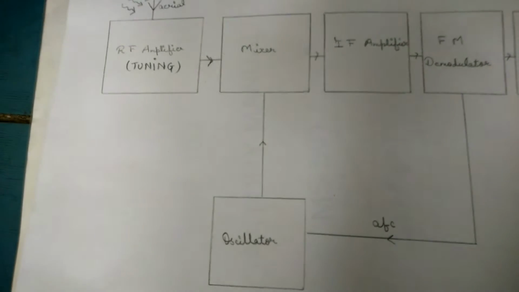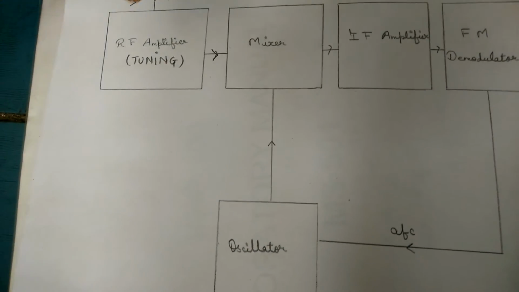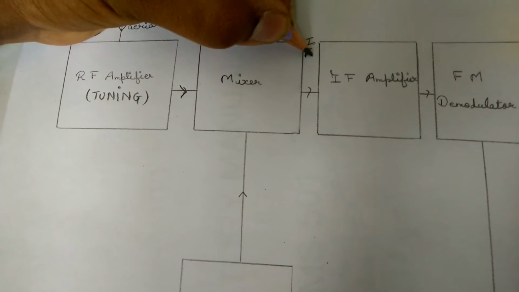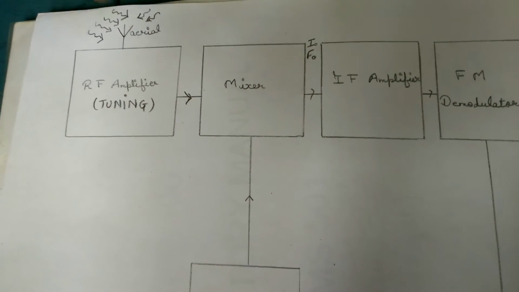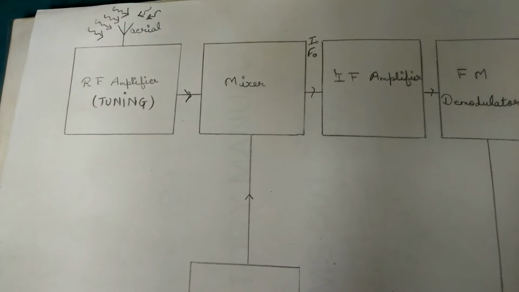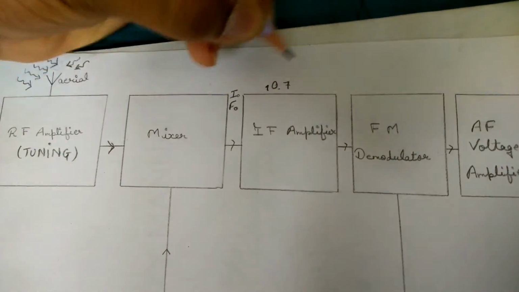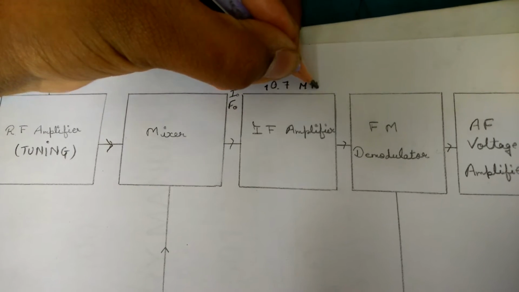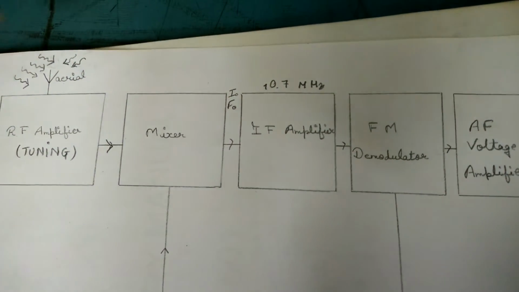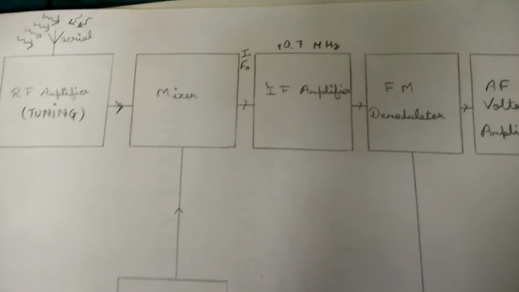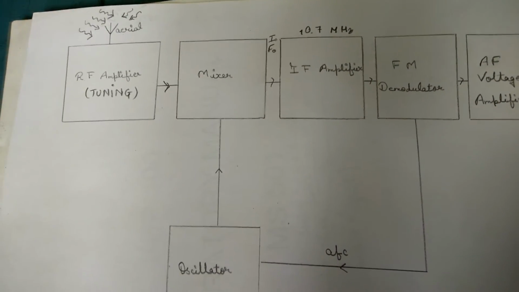The output from the mixer is the intermediate frequency, which is denoted by IF. The IF is a fixed frequency of 10.7 megahertz. That means no matter what the frequency of the selected radio station is, the IF is always 10.7 megahertz.